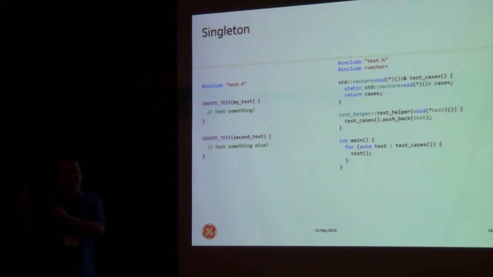I got the reference this time. When we register the test, the constructor for our test registration class calls the function and then pushes back. And then main, instead of just for each in the vector, does for each in the vector returned by the singleton.